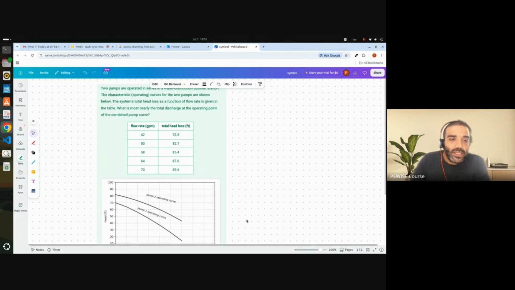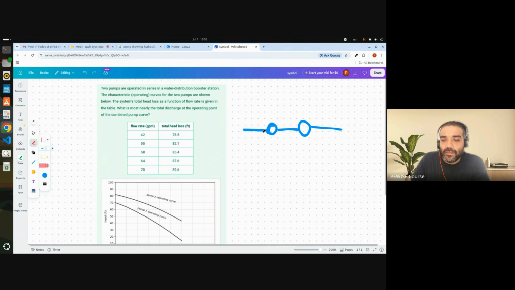So this question has two pumps in series. Let me draw. You have the pipe, you have one pump, again pipe, and you have another pump.